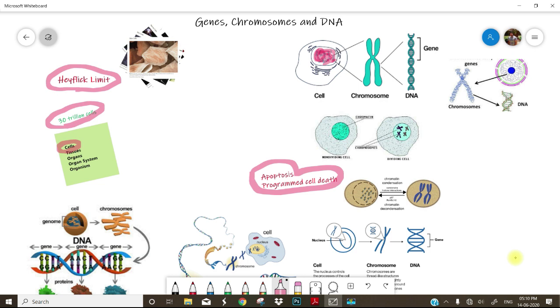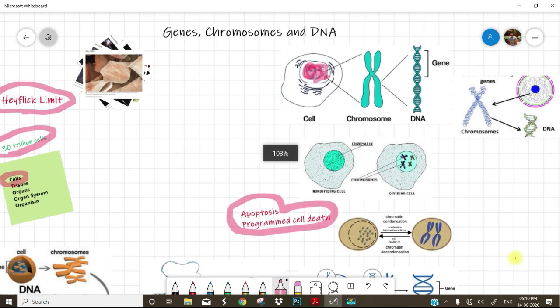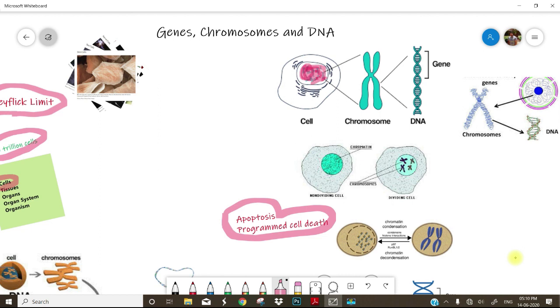Now I am focusing more on the nuclear content of the cell, and the nucleus is the largest organelle inside a cell.